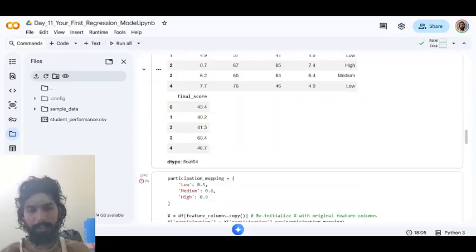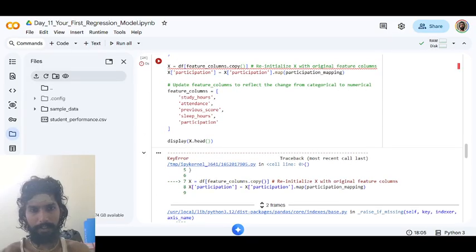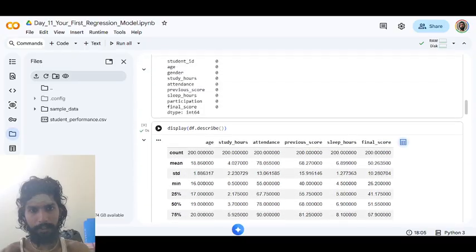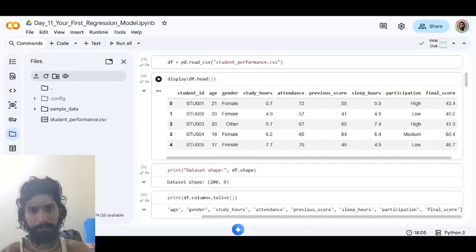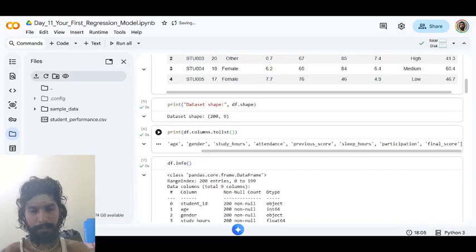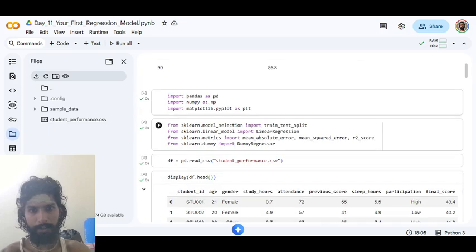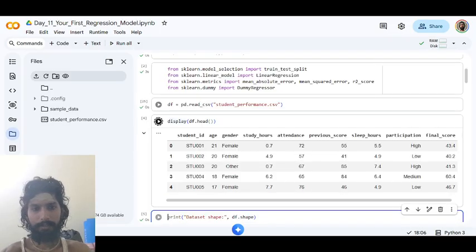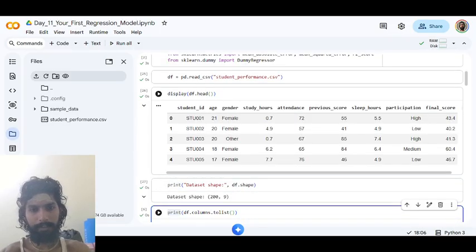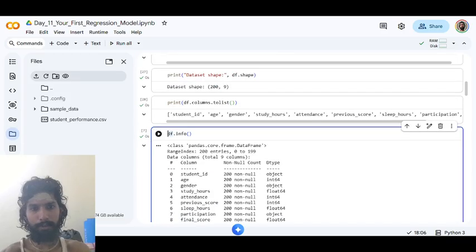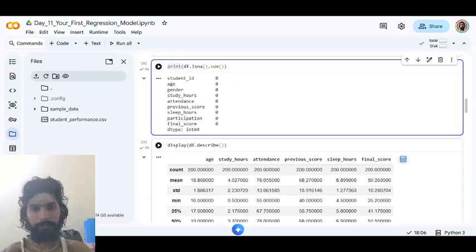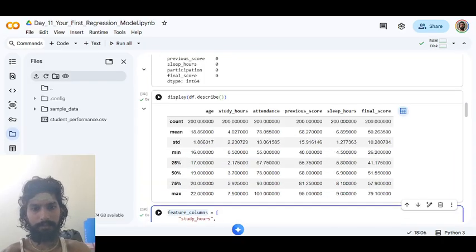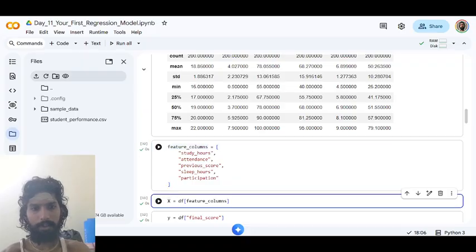Because we had changed our X earlier, I think we need to run the code from the start again. So let us load the data frame, then see the head, then the shape, then the columns, then the info, then we see the feature columns.